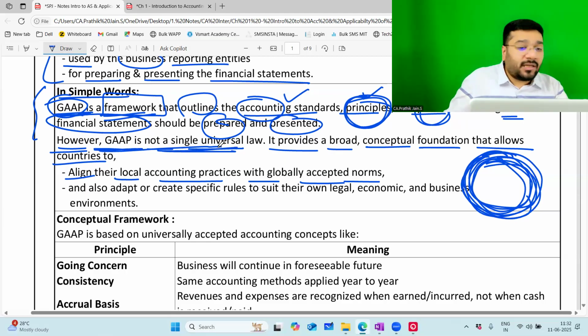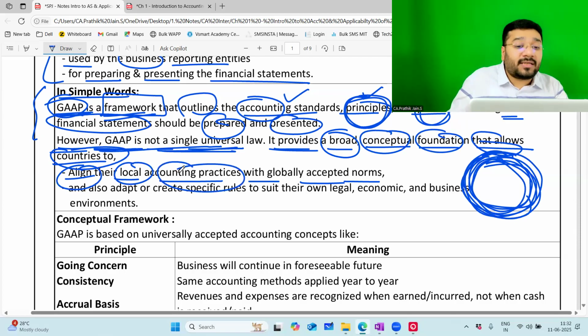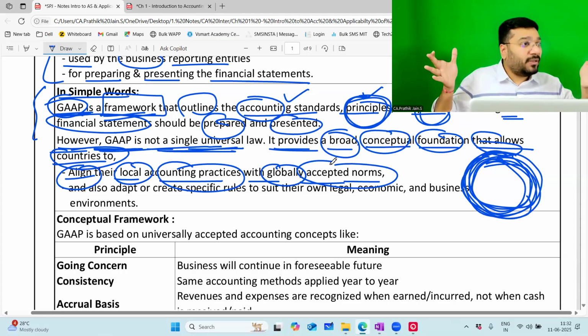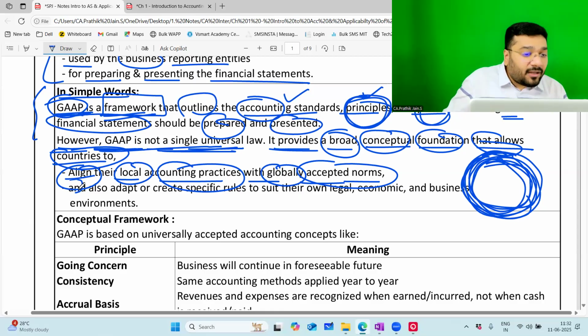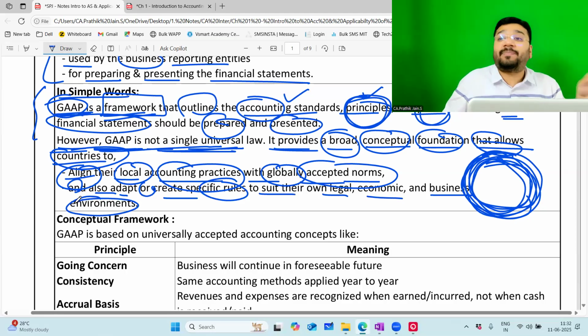GAAP is not a single universal law. It's a broad conceptual foundation that allows countries to align their local accounting practices with globally accepted norms. So GAAP is the global norm. Within that norm, you can try to create your own norms, but you can't go beyond the global norms. And also adapt or create specific rules which will suit the legal, economic, and business environment of the respective country.